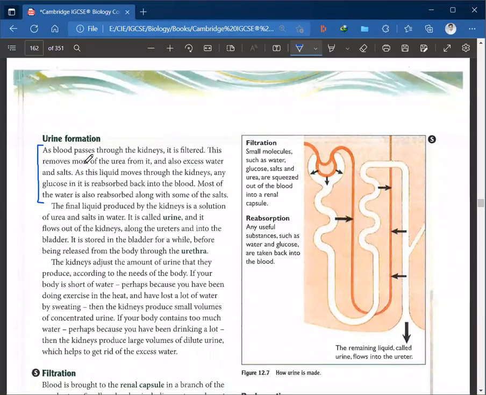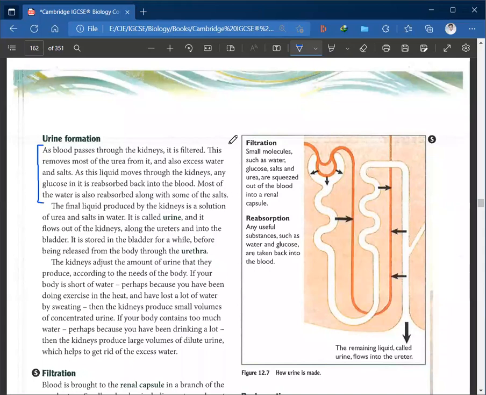As blood passes through the kidneys, it is filtered. This removes most of the urea from it, and also excess water and salts. As the liquid moves through the kidney, any glucose in it is reabsorbed back into the blood. Most of the water is also reabsorbed along with some of the salts. Okay, fine. So reabsorbed along with some of these salts.